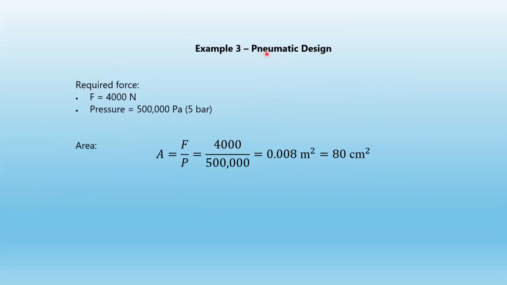Required force, another one, so it has to do with pneumatic design or hydraulic design, right? What do we have? Force, we have 4,000 newtons, and the pressure, so we need to see how big the other cylinder is going to be.